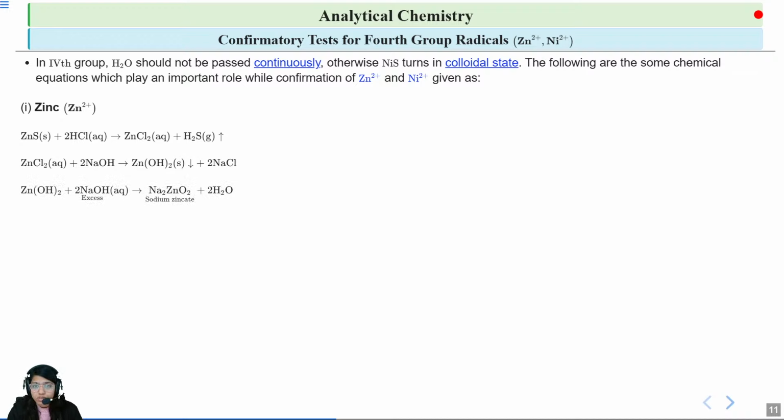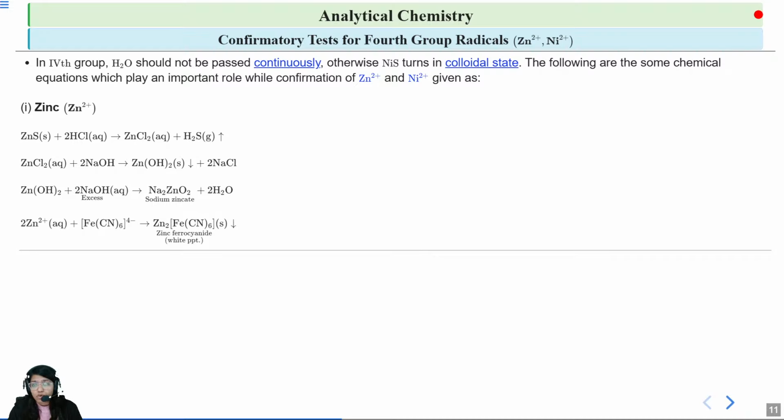Now, zinc hydroxide is amphoteric in nature. So, it dissolves in excess sodium hydroxide, forming sodium zincate. This compound is also very important, sodium zincate. Its chemical formula is Na2ZnO2. So here zinc hydroxide is showing its amphoteric nature by reacting with a base.